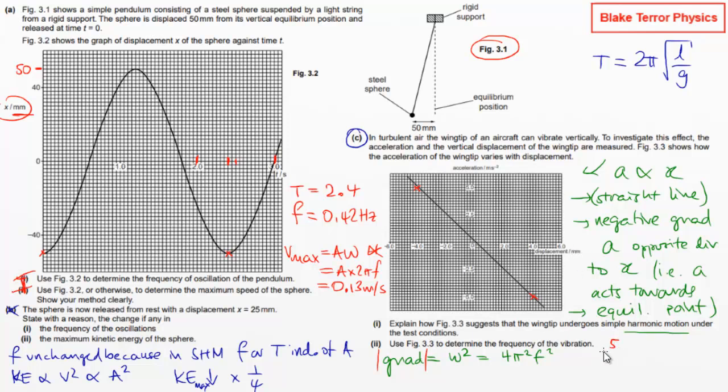So we're going to have 5/4 times 10 to the 3 is equal to 2 pi f all squared. So square root both sides and divide by 2 pi, and that will give us what f is. And I've been typing that in while I've been talking about it.